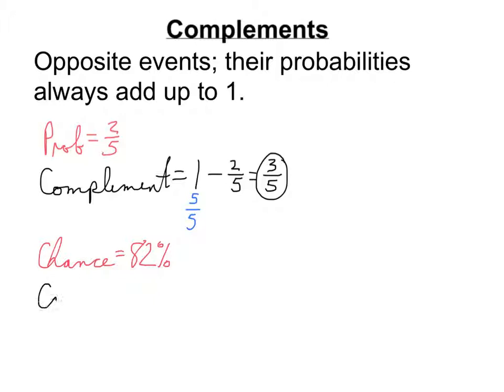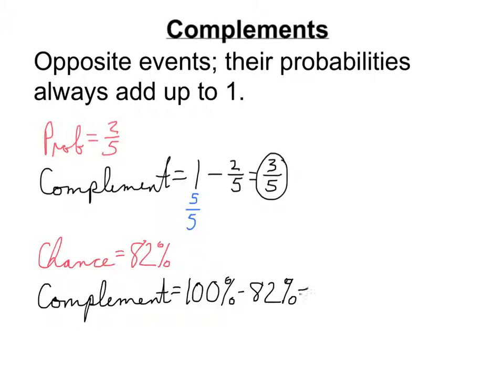Well, the complement and the chance have to add up to 100%, which means that 100% minus my 82% should give me the complementary chance, which in this case would be 18%.